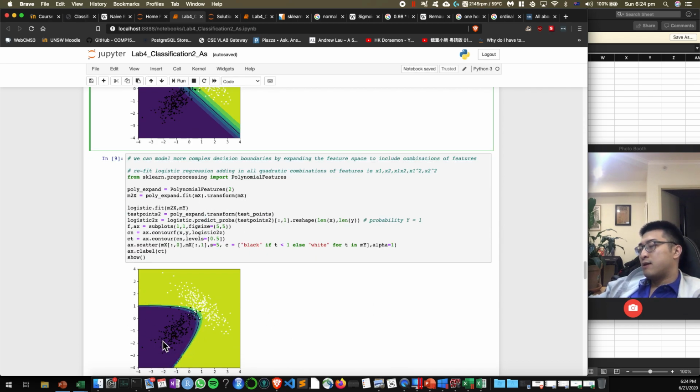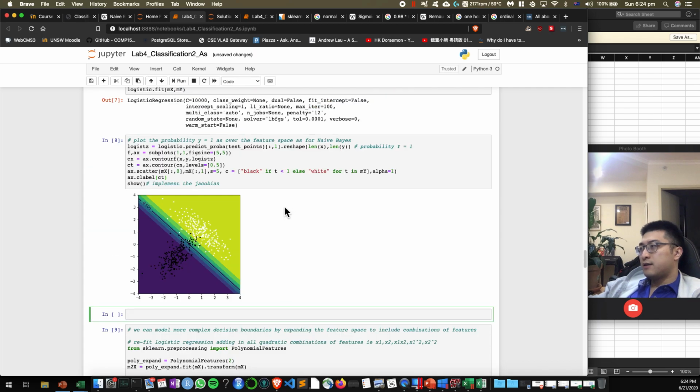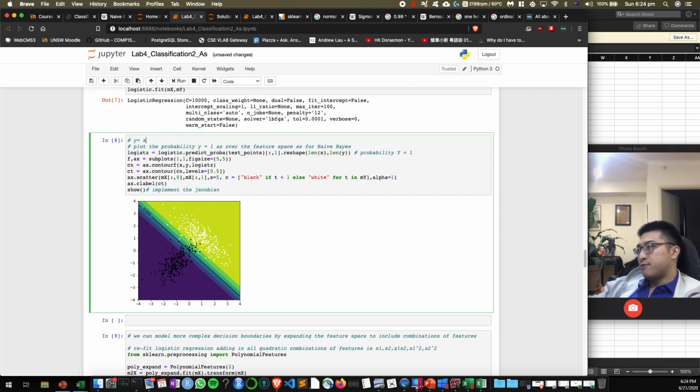Now, this one here, actually, you fit a polynomial term as well. So in this example, basically you're just fitting y equals beta 0 plus beta 1 times x1.